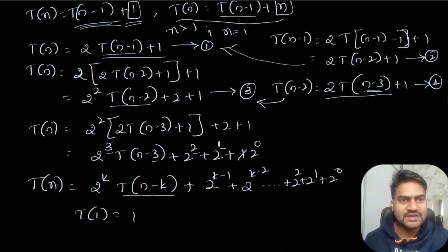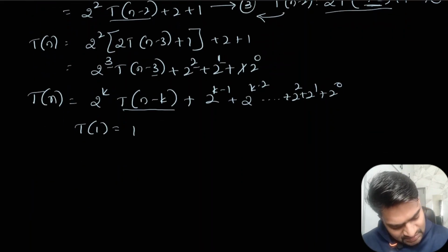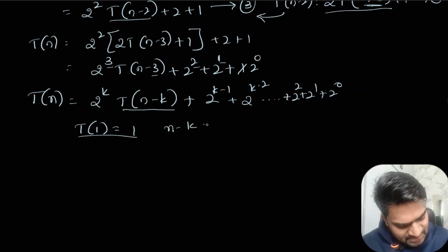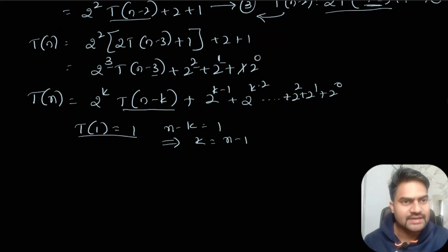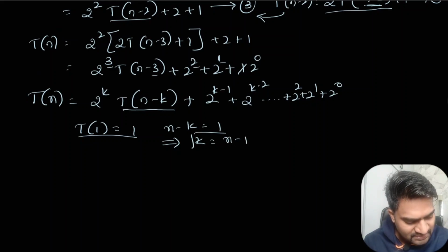So that's the generalized recurrence relation. So for that, our n minus k should be equal to 1. If that is the case, what is k? So we will send this here and 1 here, so that becomes n minus 1. So this is our k value.